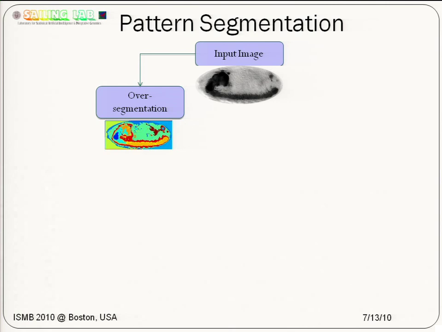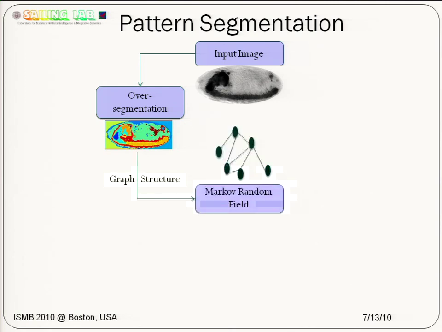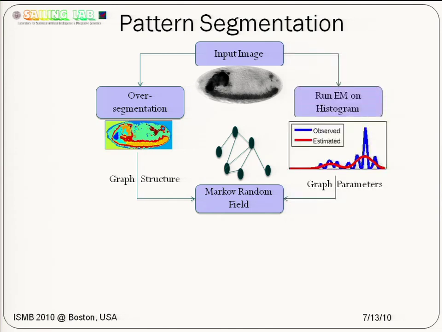So first, the image is over-segmented, and connectivity information of the over-segmented regions is used to structure the Markov random field. This is a pretty standard approximation in computer vision. Next, we learn the parameters of the random field by simply running the EM algorithm of the model.